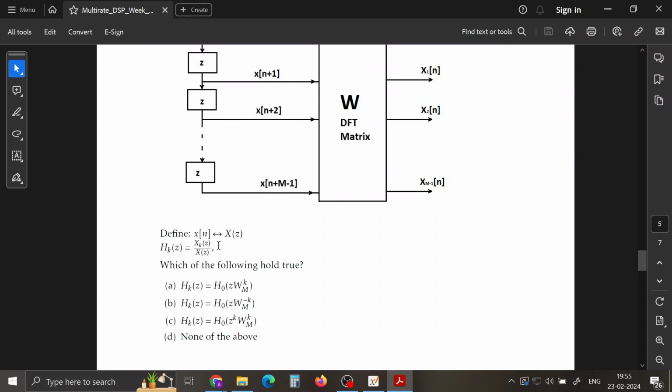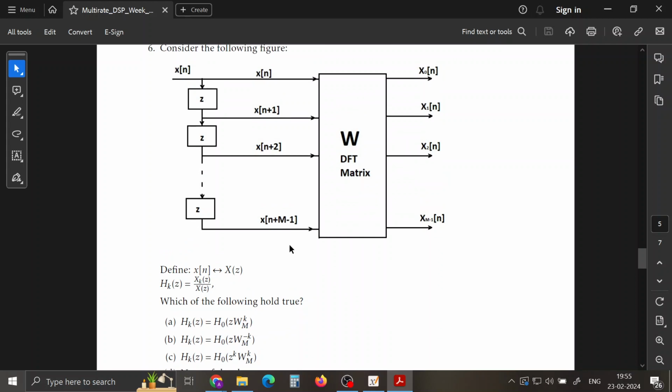Basically, Xk of z is the z transform that you obtain at the output of the kth branch. There are m branches, and in the kth branch you obtain capital Xk of z as the output z transform, and the input z transform is capital X of z. So from the input to the kth output, you get a transfer function which is capital H subscript k of z.